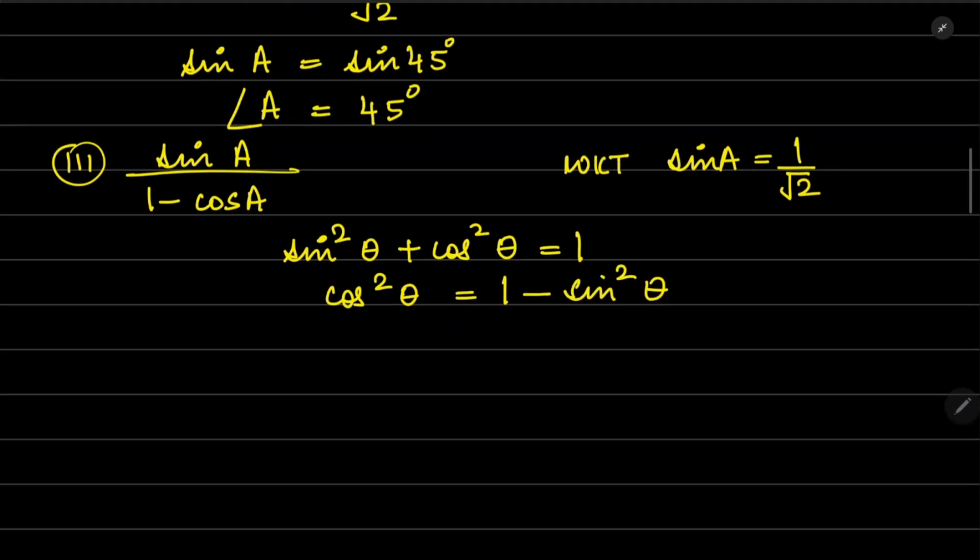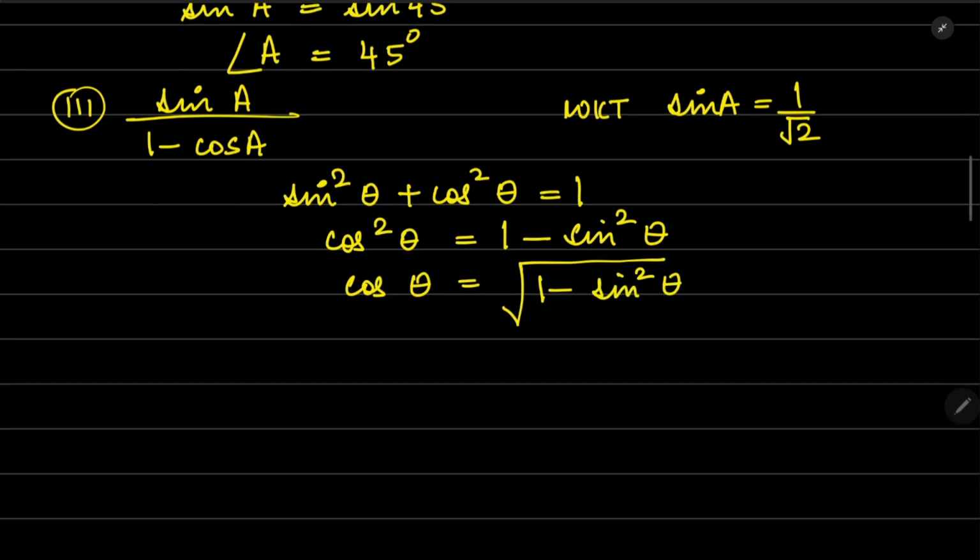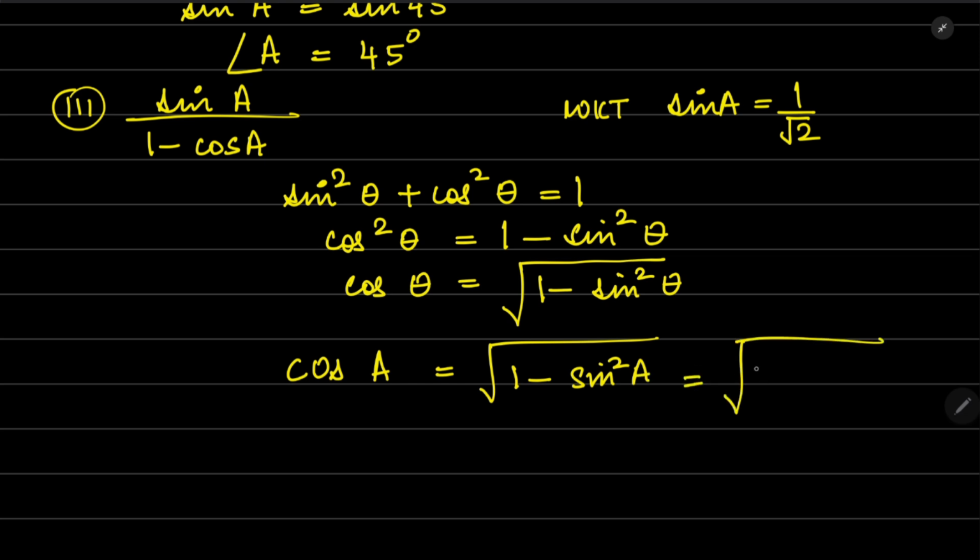So cos theta is nothing but square root of 1 minus sine square theta. Therefore, writing it in terms of A, cos A is equal to square root of 1 minus sine square A. That is square root of 1 minus 1 by root 2 the whole square.